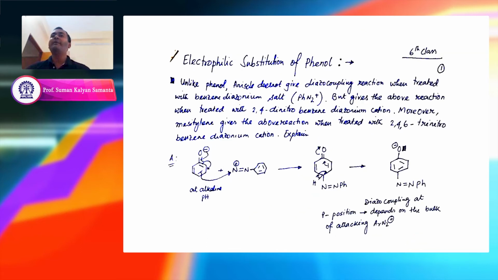Now come back here again. It says, moreover, in the third line of the question, that mesitylene gives the above reaction when treated with 2,4,6-trinitrobenzene diazonium cation.